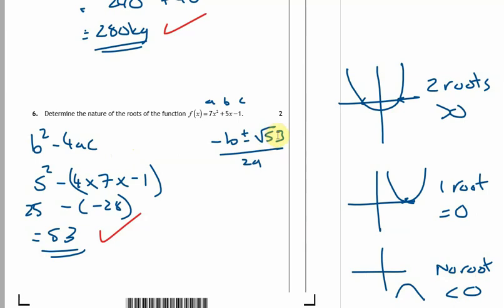If this number was 0, then we get minus b plus or minus 0, so we just end up with minus b over 2a, we just end up with 1 root. If this number is bigger than 0, we're going to end up with our 2 roots, aren't we? Because we're going to have minus b plus root 53 over 2a, and minus b minus root 53 over 2a, so we'll end up with 2 roots.